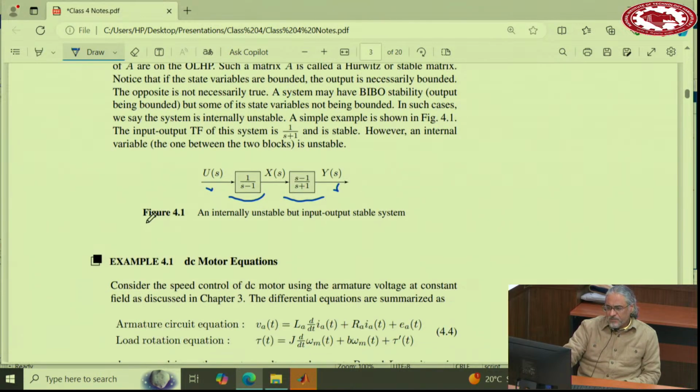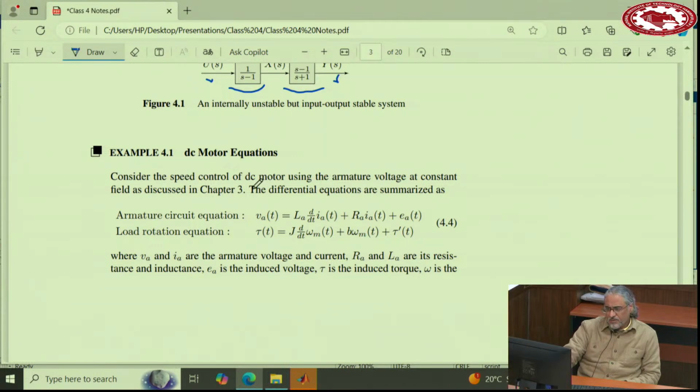Okay, now let's practice this state space for the DC motor equation. In this chapter also I will consider DC motor as the main example. So you remember the equations of the DC motor? We had one electrical equation and we had one mechanical equation, right? And then we said EA is K into omega, and tau is again another K into IA.